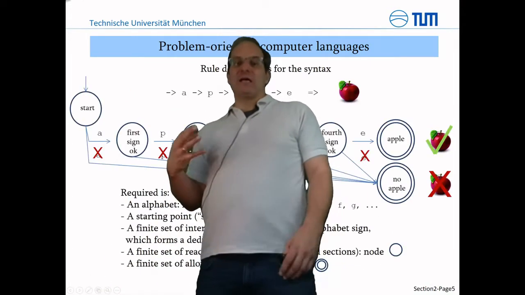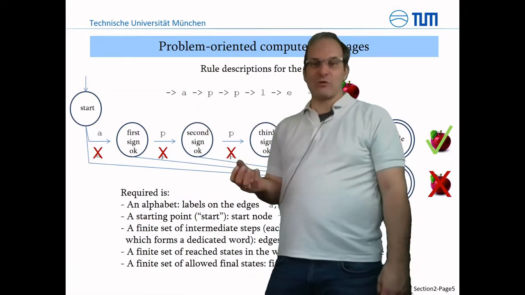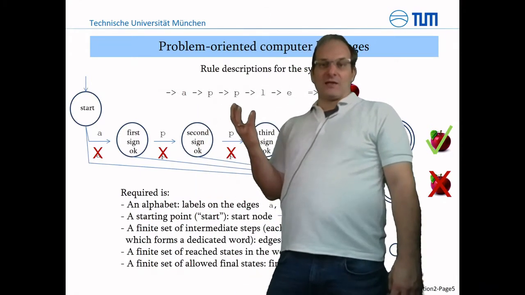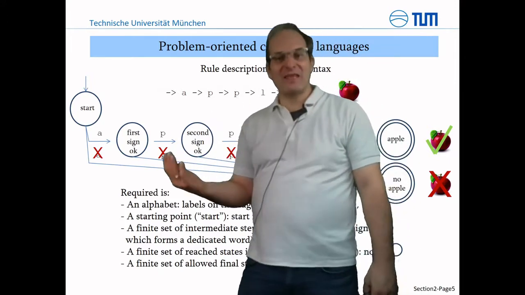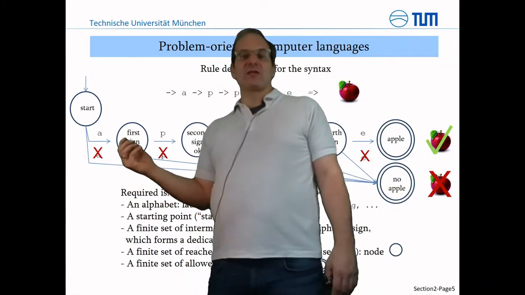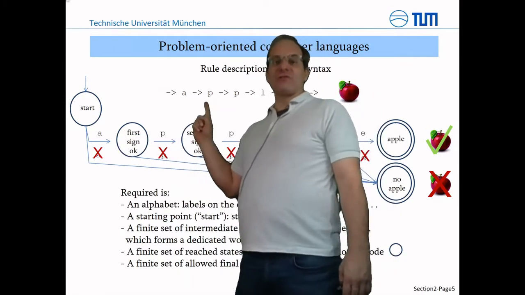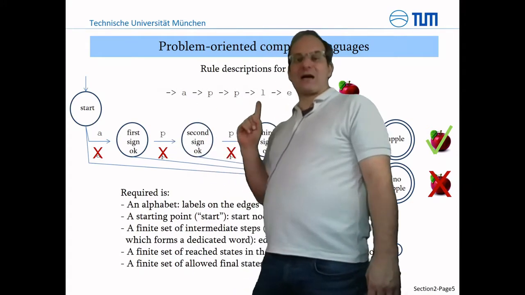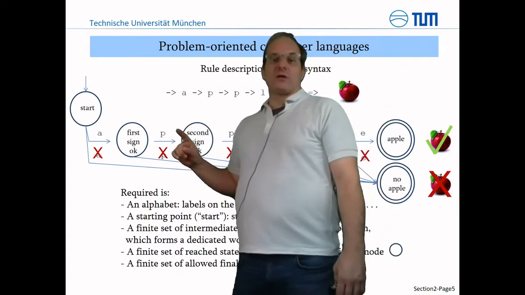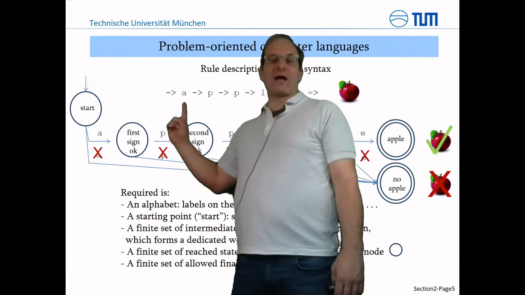And to represent these logical combinations, these allowed combinations, this sequence, you can do the following. You define a word like this. Let's start with this apple word. We have a starting point.